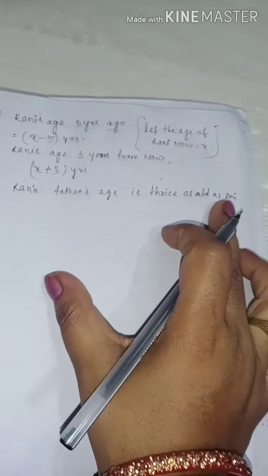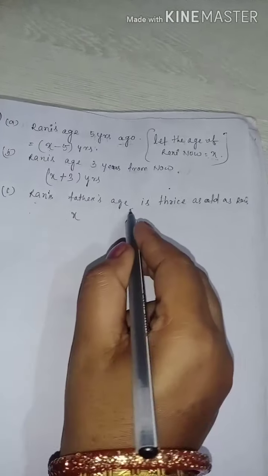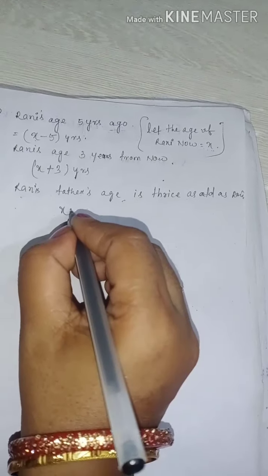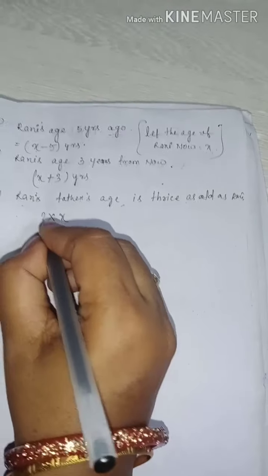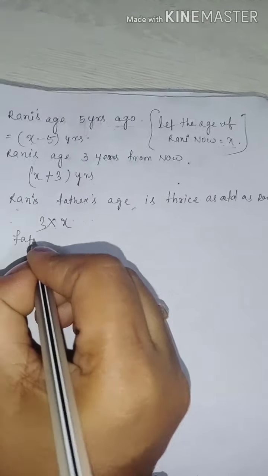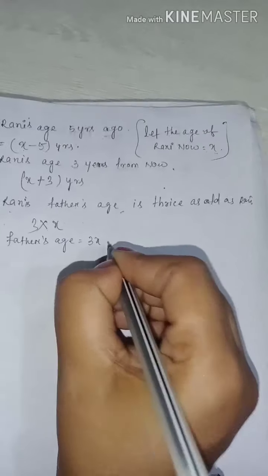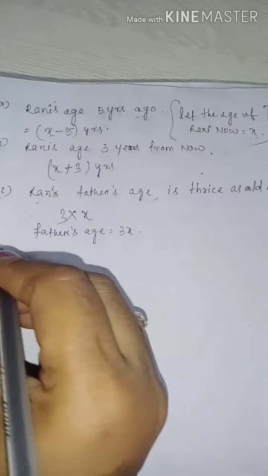What is Rani's age? Rani's age is equal to x. But her father's age is thrice. Thrice means what? 3 into x. That means father's age is equal to 3x.